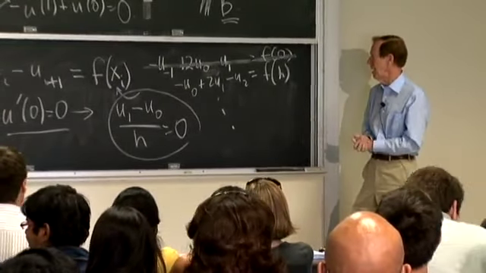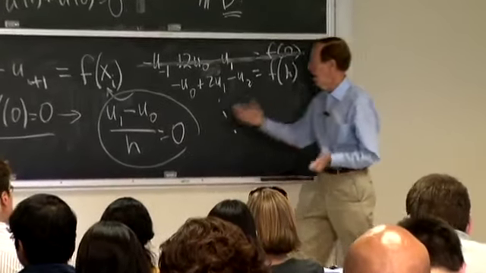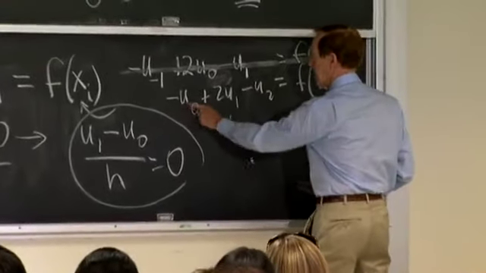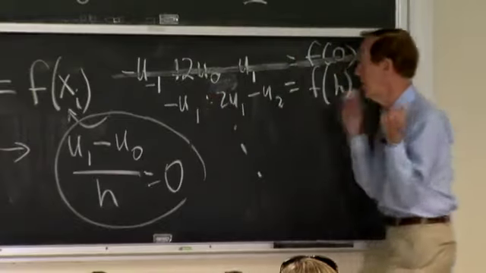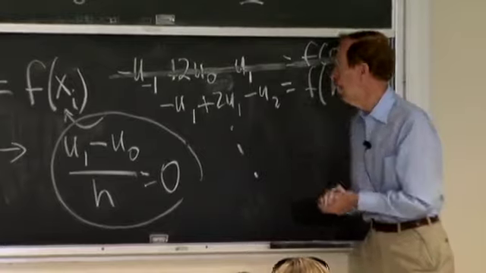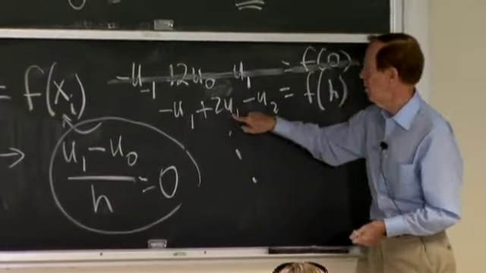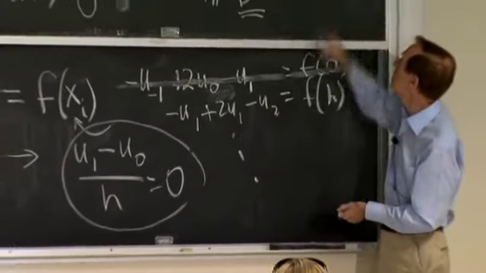Okay, so I'm going to use this boundary condition to say, well, okay, if U1 is U0, I'm going to replace this U0 by U1. That's the direct way. I replaced that U0 by U1 in that first equation. And then what I have is minus U1 and 2U1, so that's the 1, and I have the minus U2.